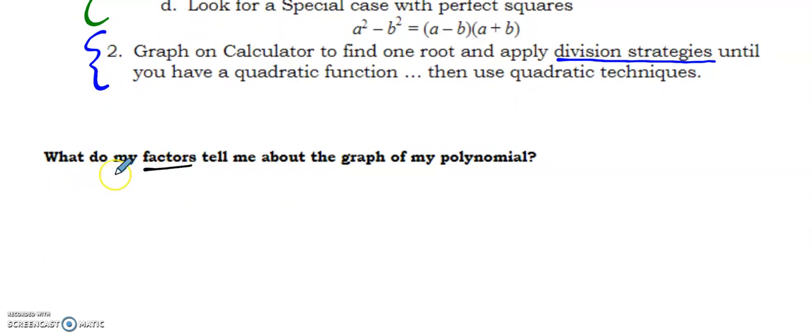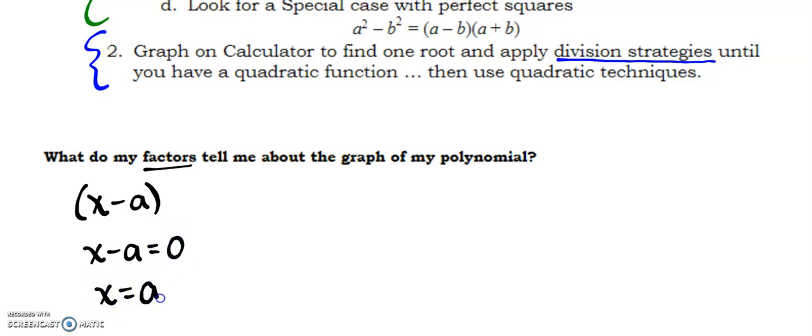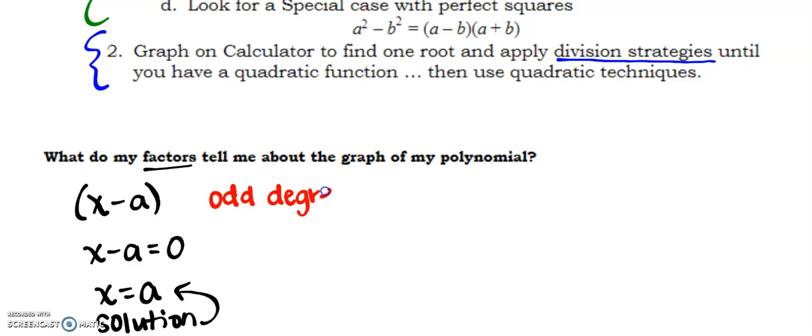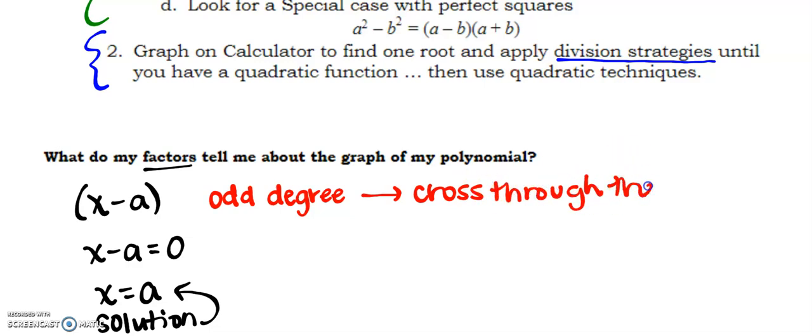Well, if you have a factor, let's say x minus a, that means that x minus a being equal to 0 will create a solution to your polynomial. If x minus a has an odd degree for the factor, that means your graph is going to cross through the x-axis.